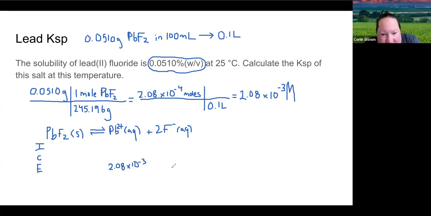And the value for fluoride is this number times 2, so 4.16 times 10 to the negative 3. And again, if you have difficulty and you're like, oh, shoot, I don't remember, remember, we always start with 0 for our ions, and this is all solid.